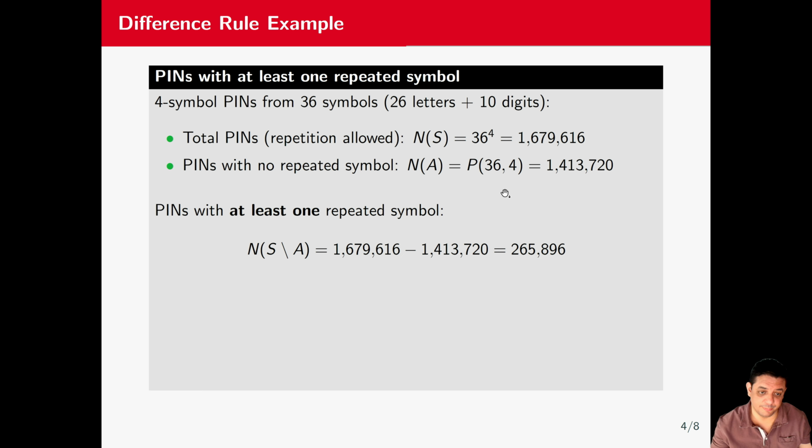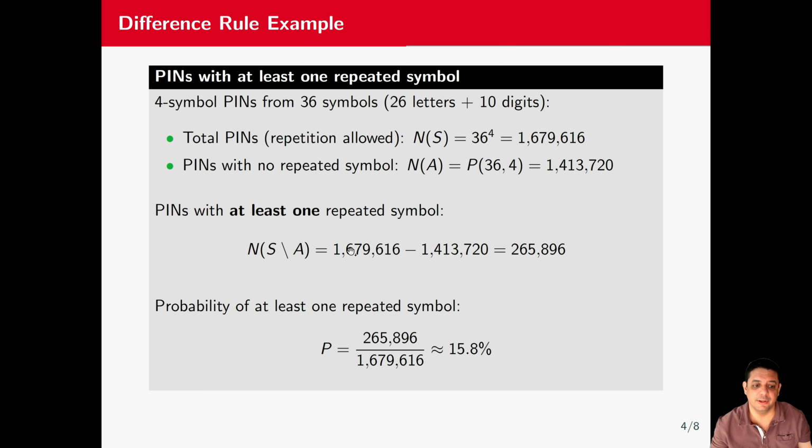They might have more, but they have at least one. So I get that that is 265,896. And so I can calculate the probability of having at least one repeated symbol by just taking that event over the total, which in this case amounts to 15.8%.